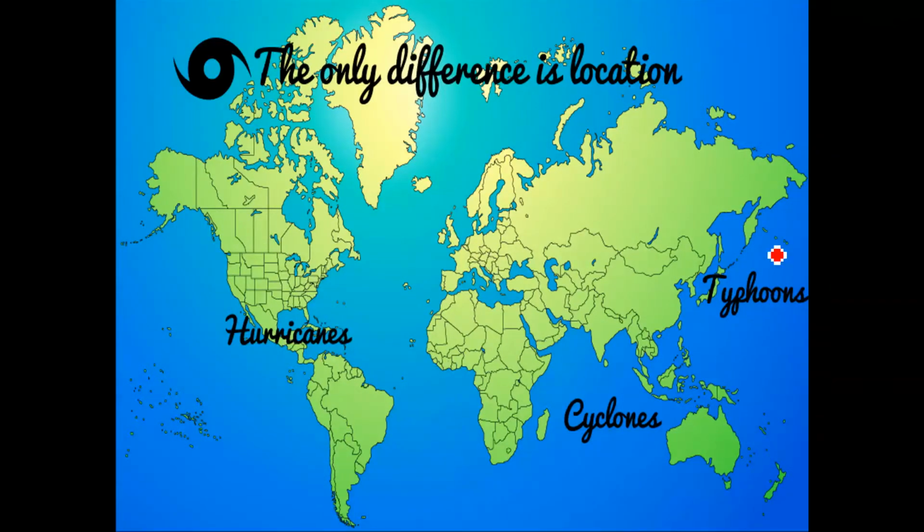Here in the Western Pacific, particularly north of the equator, they call their storms typhoons. And then down here in the Indian Ocean as well as the Southern Atlantic Ocean, the storms that form down here are called cyclones. But they're all the same thing. The only difference is location.